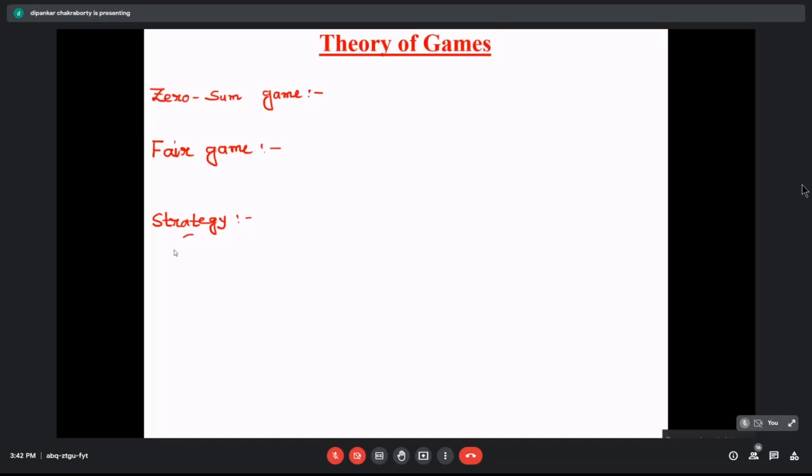You can think about these as the predetermined rules, the courses of action you are taking. So this kind of thing is basically called strategy. Is it fine to all of you?